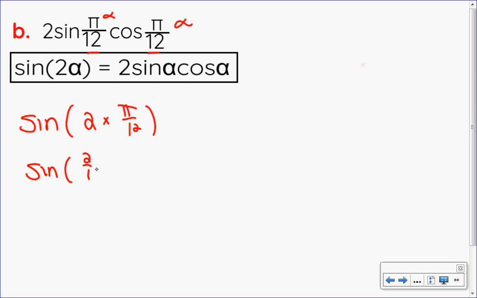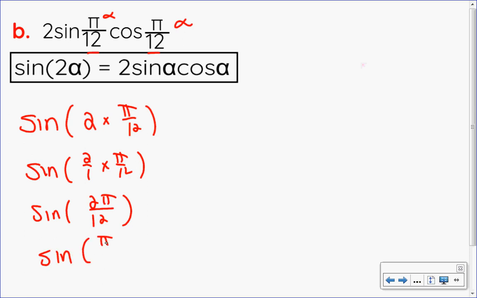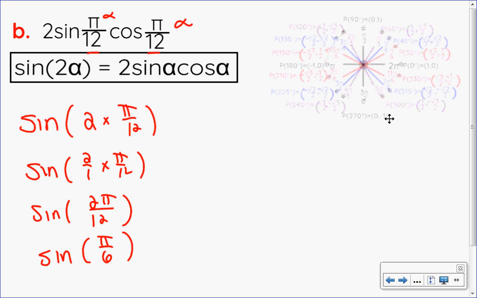That would be sine of 2 over 1 times pi over 12, which when I multiply the numerators is 2 pi over 12. Now I look at my numbers, 12 and 2 have a common factor of 2, so I can simplify that to just pi over 6. So 2 sine pi over 12 cos pi over 12 is the same as sine of pi over 6.